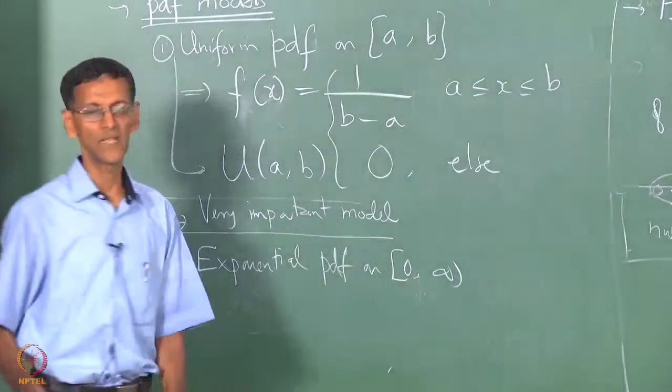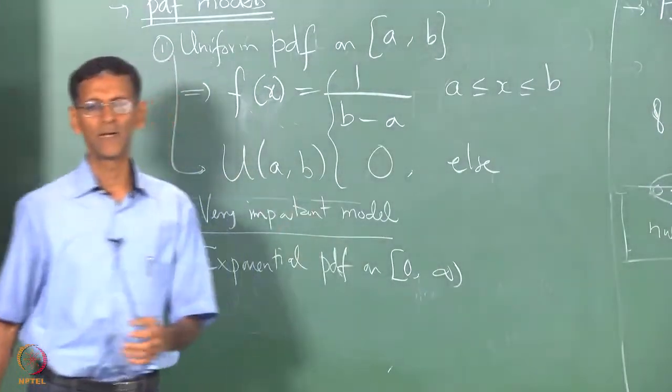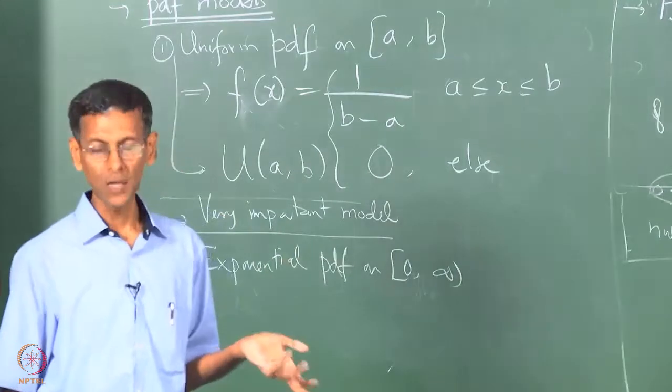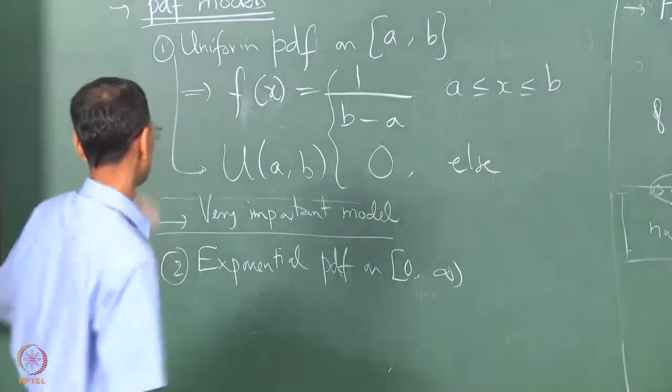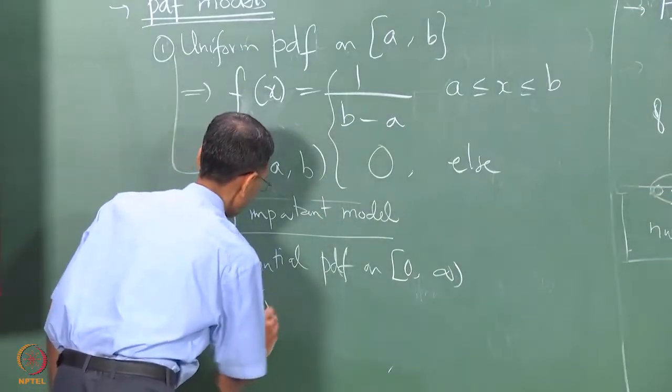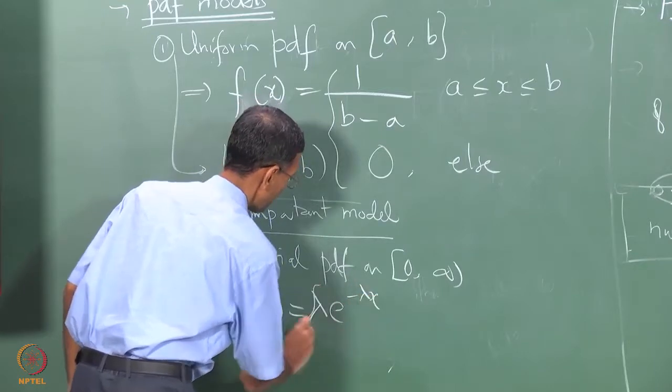This again is very important because a lot of lifetimes and so on are observed to follow this model. So here there is a single parameter, lambda, a non-negative parameter.